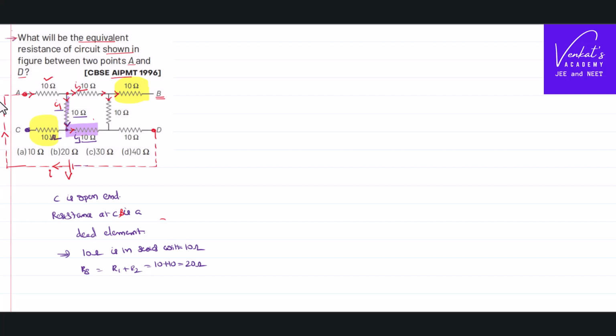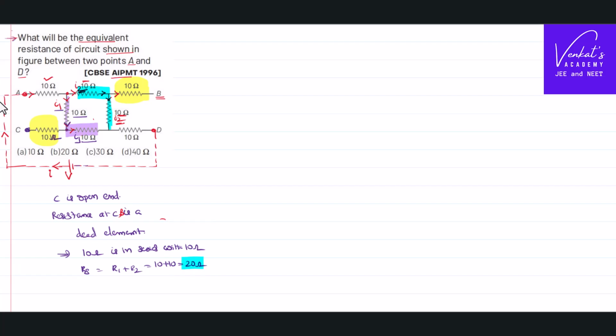So, I2 will further go to this 10 ohms. This 10 ohms and this 10 ohms are also carrying the same current I2, that means these two are in series. When they are in series, their effective resistance is again 20.